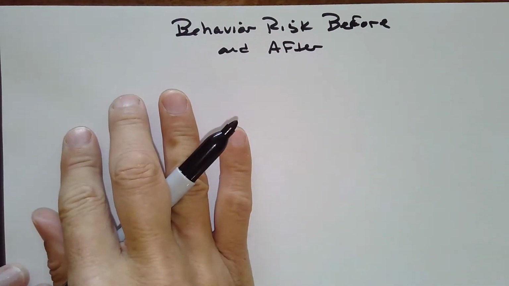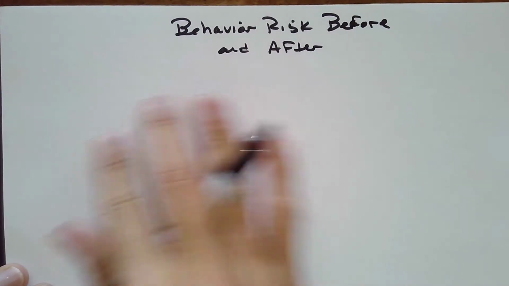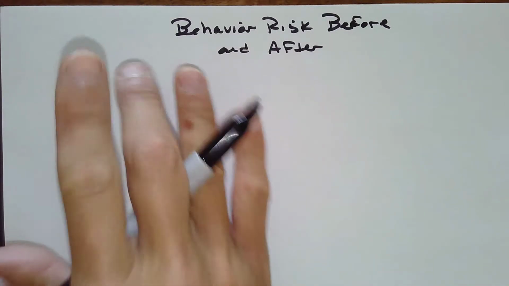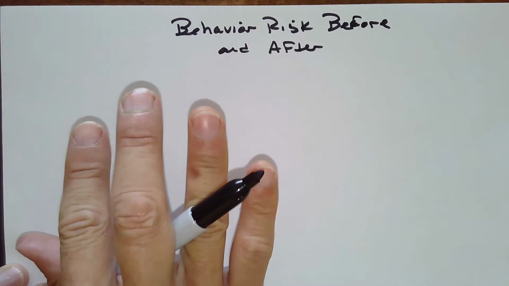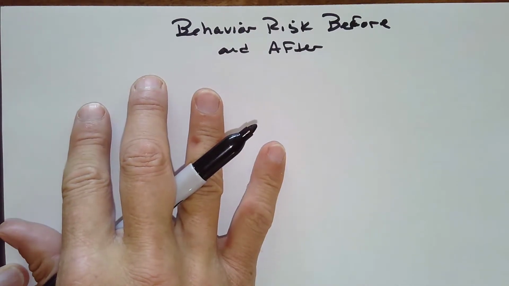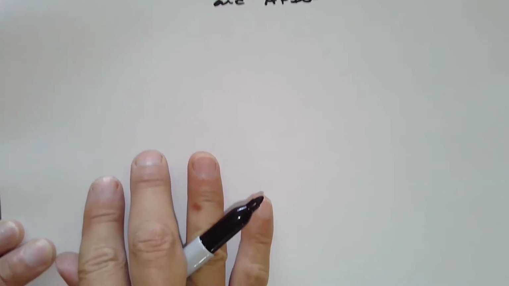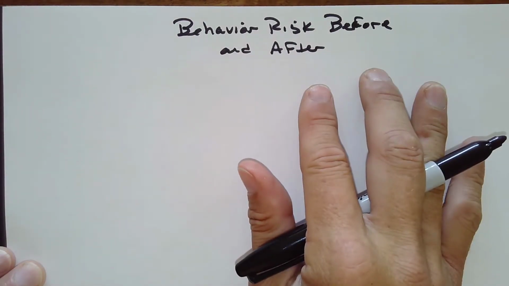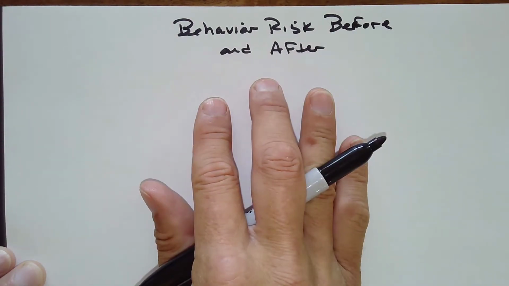When I think about this, I look at it from a cash flow perspective. This will be a good indication between a cash flow hedge and a fair value hedge. The hedge of a net investment is actually pretty easy to identify. So let's first take a look at the behavior of the risk before and then after.